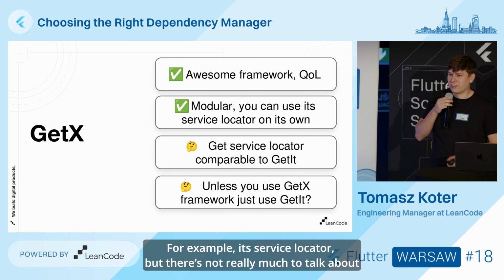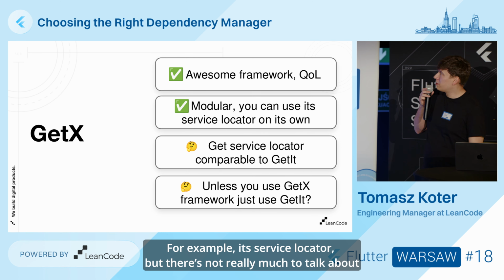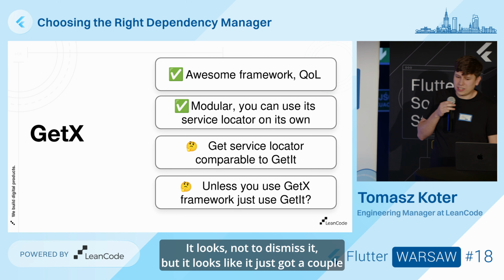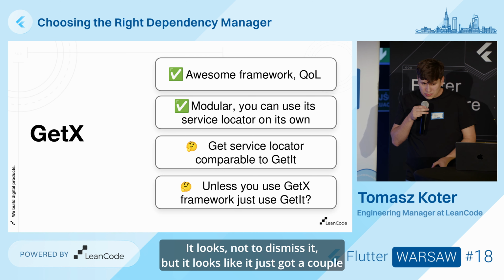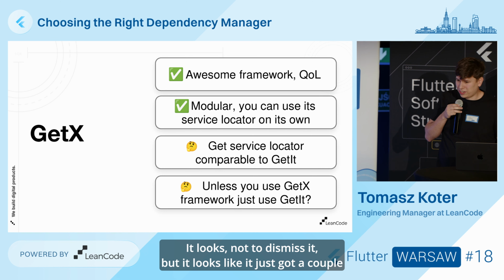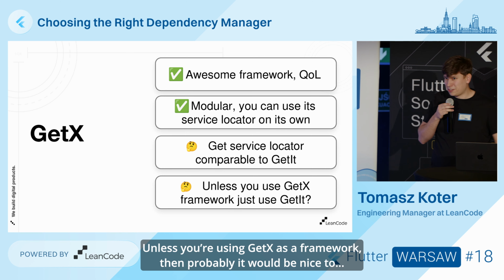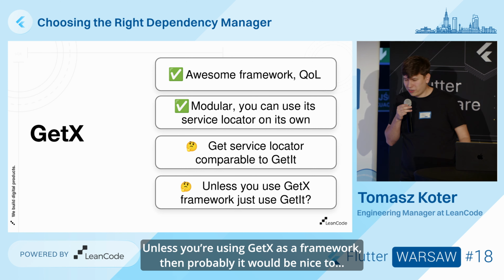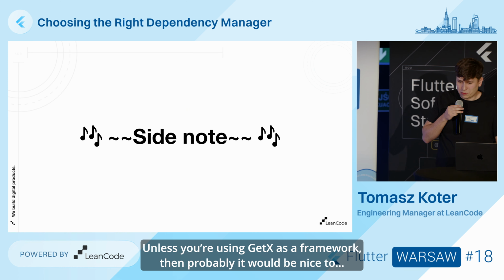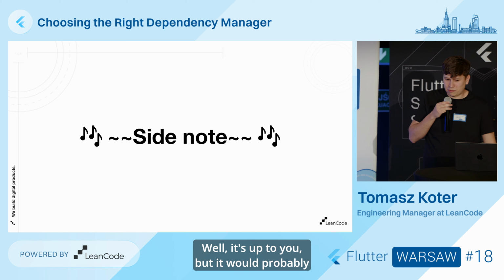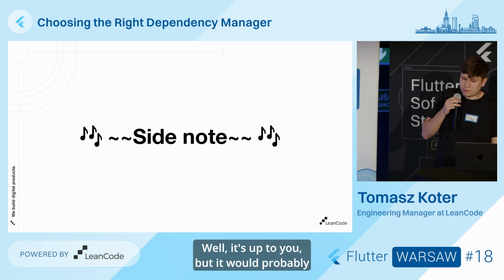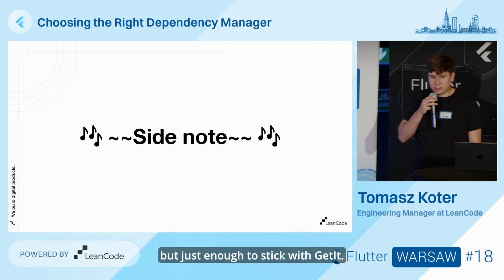For example, its service locator, but there's not really much to talk about because it's very similar to GetIt. Not to dismiss it, but it looks like it just got a couple of methods renamed, and that's about it. So unless you're using GetX as a framework, it would probably be enough to stick with GetIt.